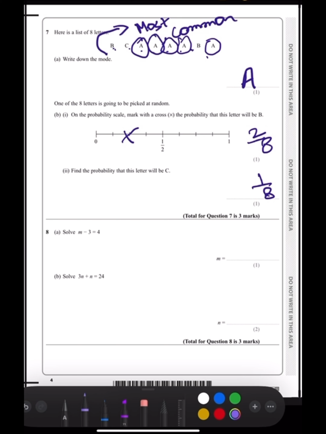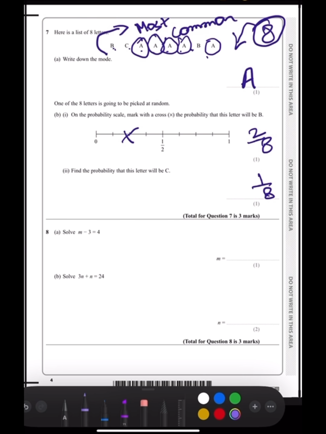Not 8 different alphabets, but 8 letters written in total. So we notice that this has been written 8 times. So even if it's written as a probability, we know that out of these 8 times, 2 times there has been a B. So we simply write 2 over 8.